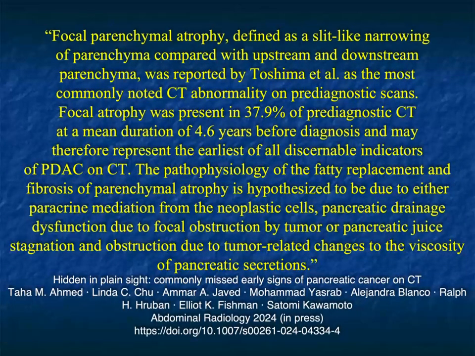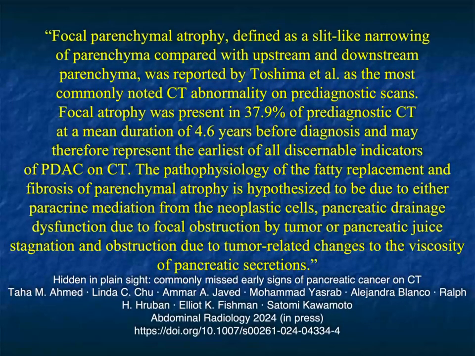Again, we talked about focal atrophy, an article by Toshima as the most common noted CT abnormality on pre-diagnostic scans. Focal atrophy was present in 37.9% of pre-diagnostic CT at a duration of 4.6 years before diagnosis. In their hands, in their article, this was the best sign.